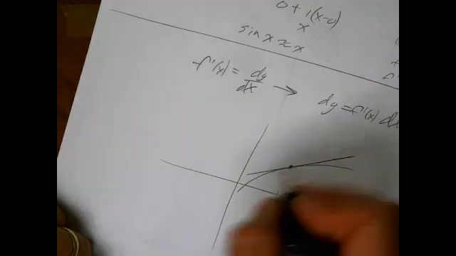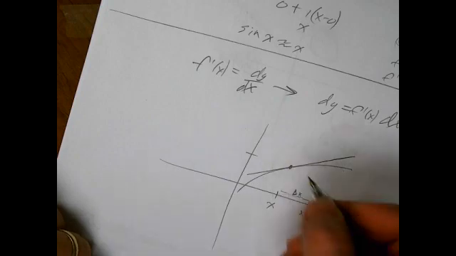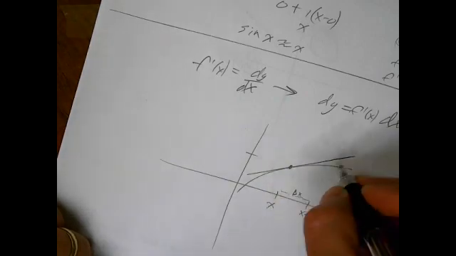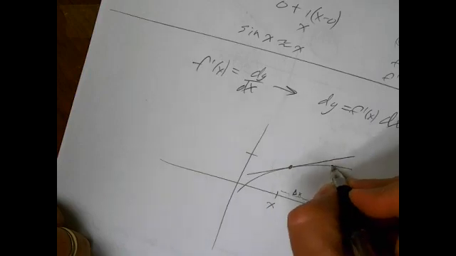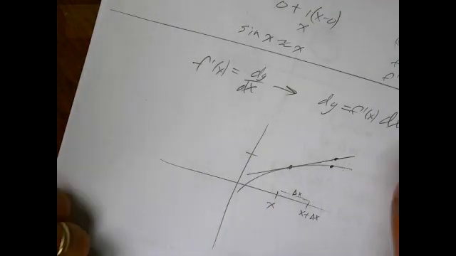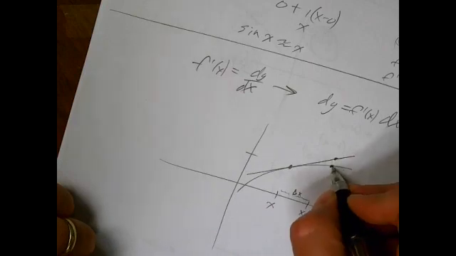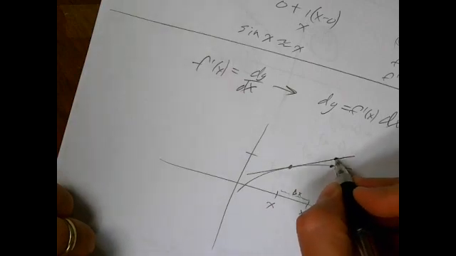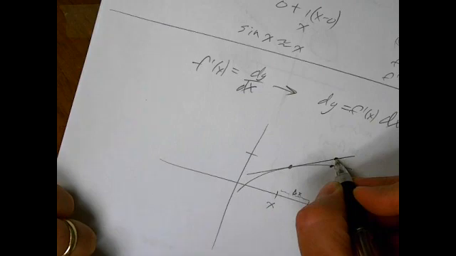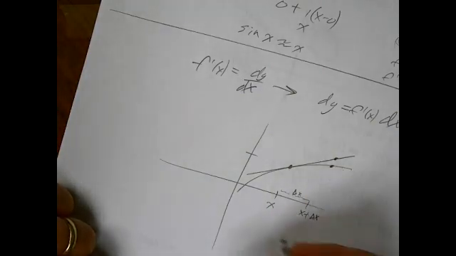All right. Now here I have a y value for x, and over here I would have 2 different y values. One of them is the y value for the function. The other one is the y value for the linearization. All right. So notation.